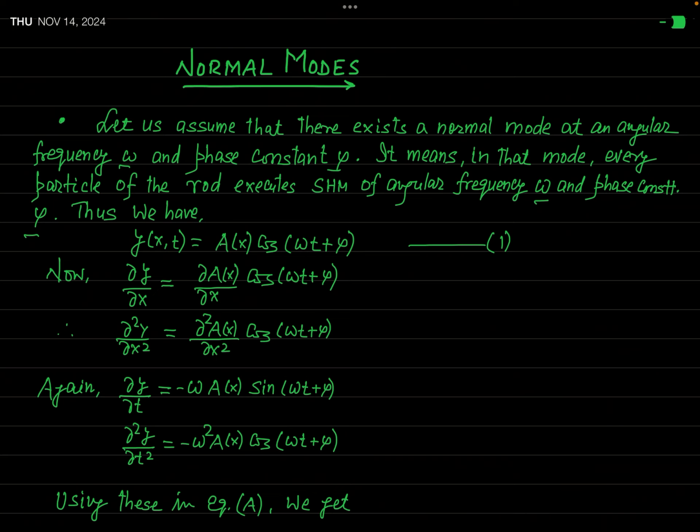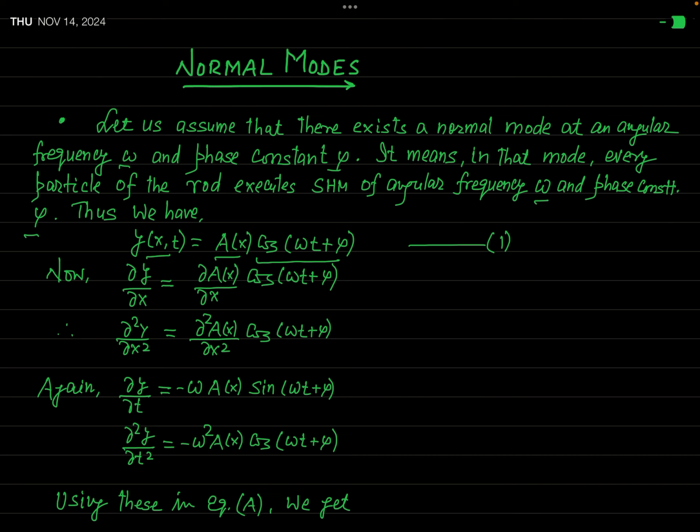Okay. So the motion or the vibration of the particles of this rod can be represented by this equation, which is actually the solution of the differential equation of SHM. y of x,t is equal to A of x times cosine of omega t plus phi.